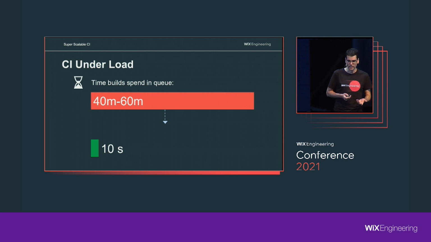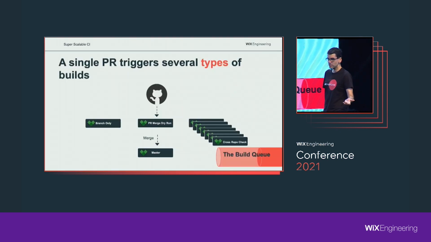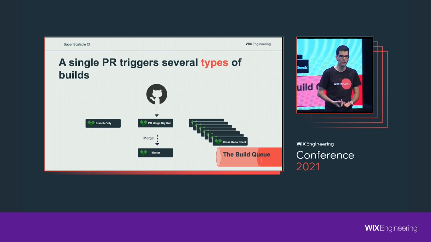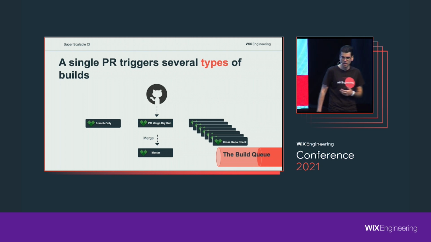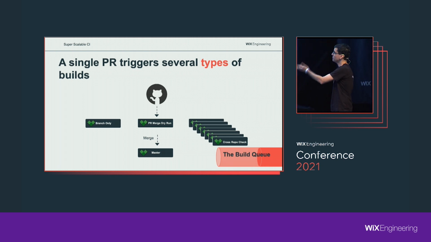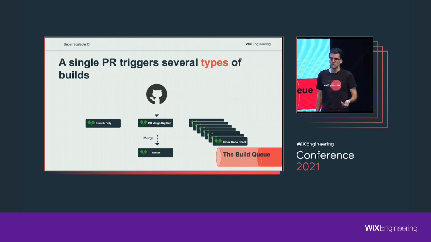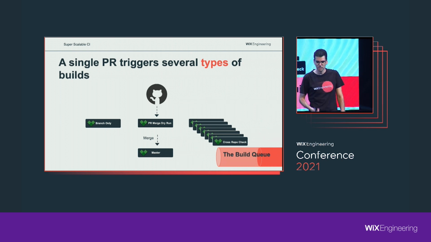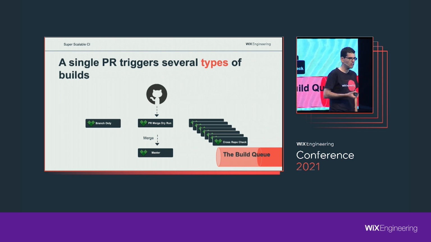So where's the bottleneck? In Wix, we have multiple build types. If we're talking specifically about the Bazel backend flow, when a developer opens a pull request, there are several types of builds that are being fired. The first one is called branch only. It's super simple, just running a Bazel build on your branch.